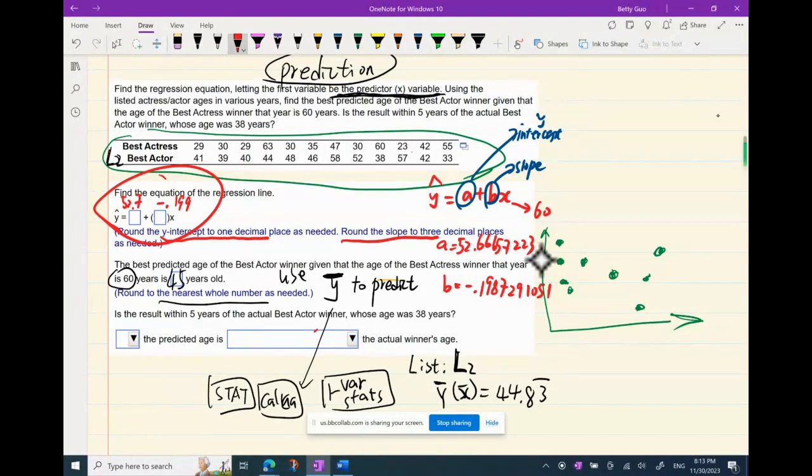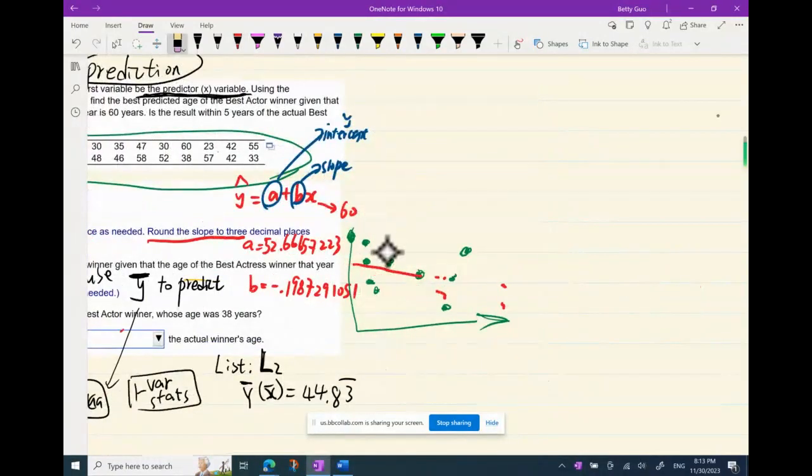The line of best fit is kind of like that, not accurate.